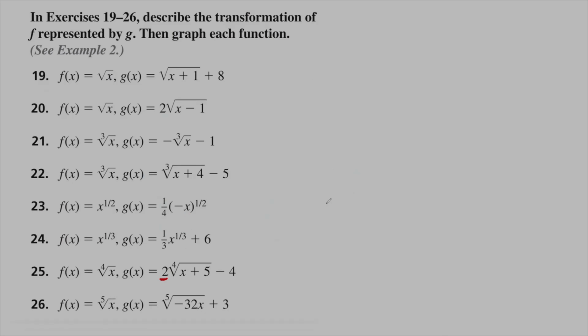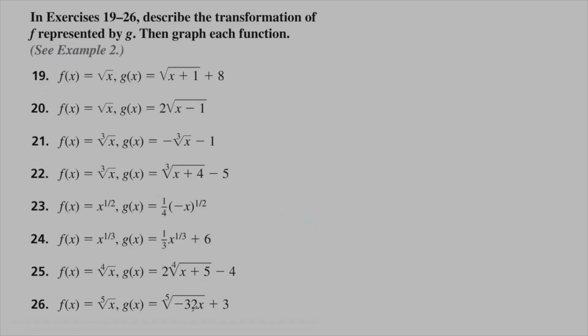So 2 is multiplied outside, so we'll say vertical stretch by 2. In terms of translation, it is 5 to the left and 4 down.